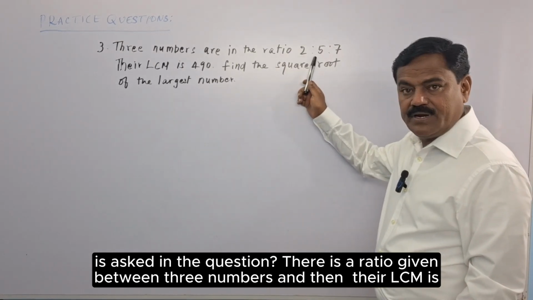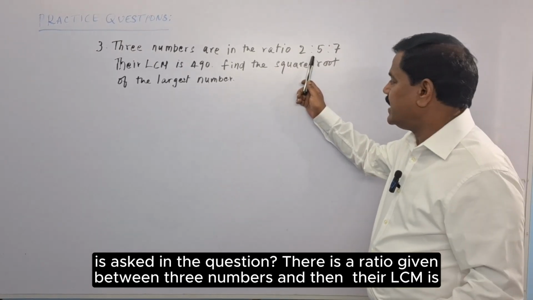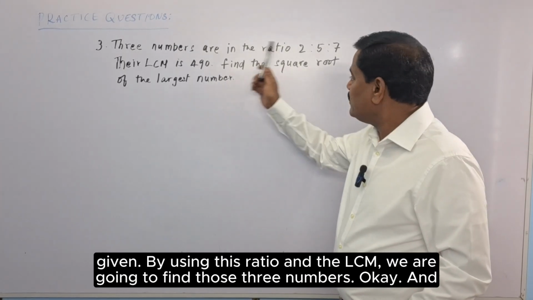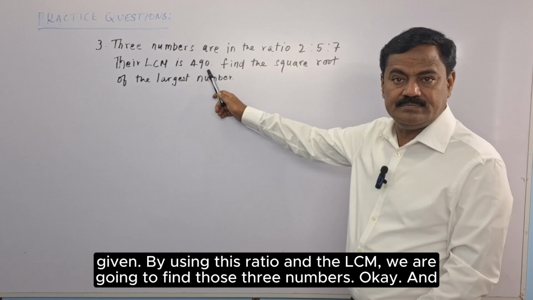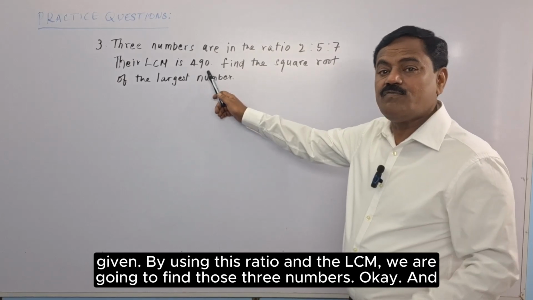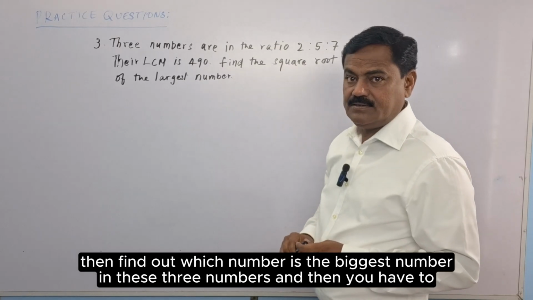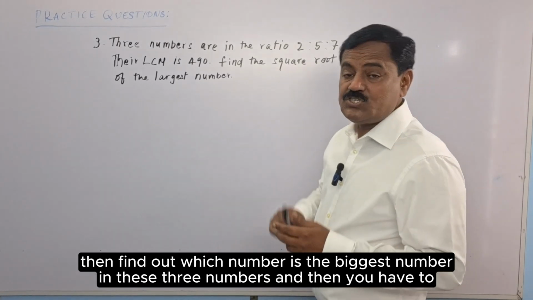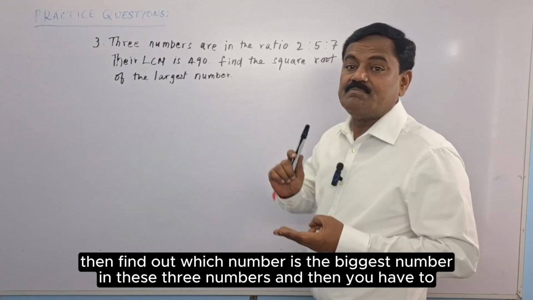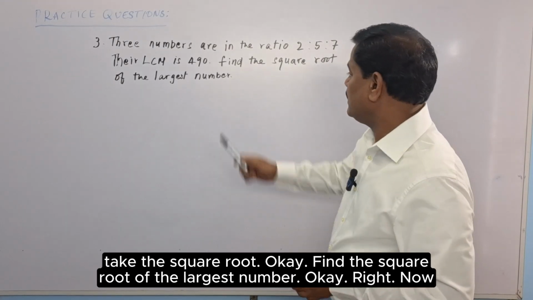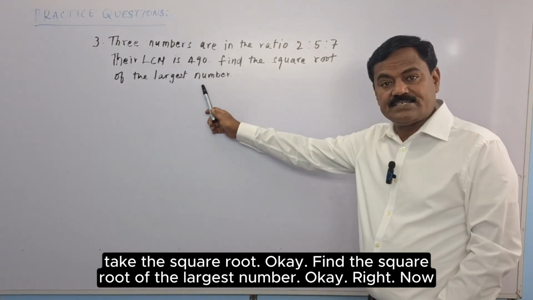There is a ratio given between 3 numbers and then their LCM is given. By using this ratio and the LCM, we are going to find those 3 numbers, and then find out which number is the biggest of these 3 numbers, and then you have to take the square root.